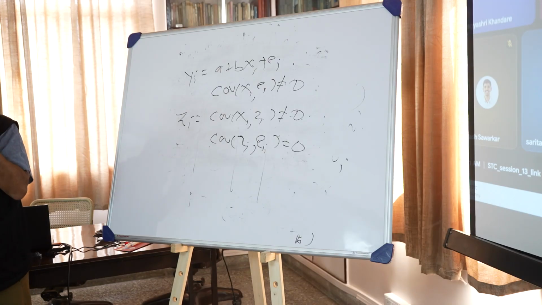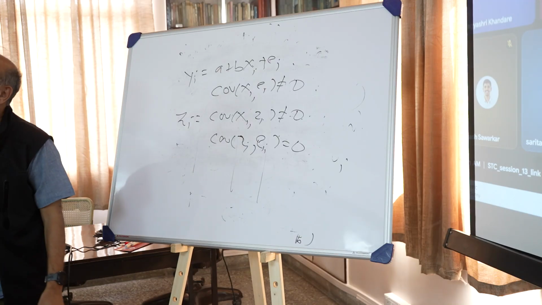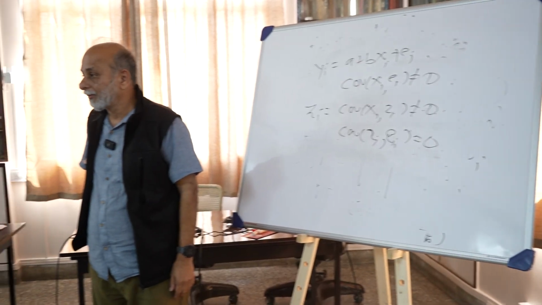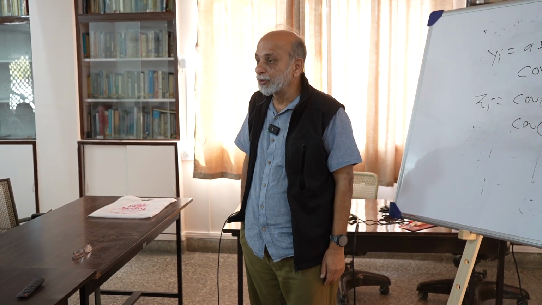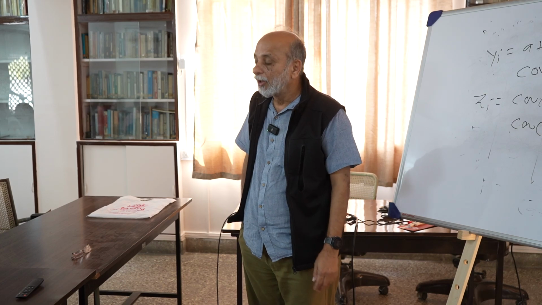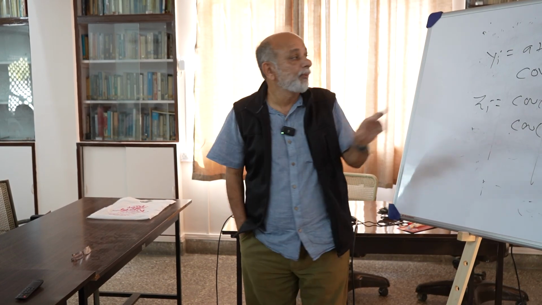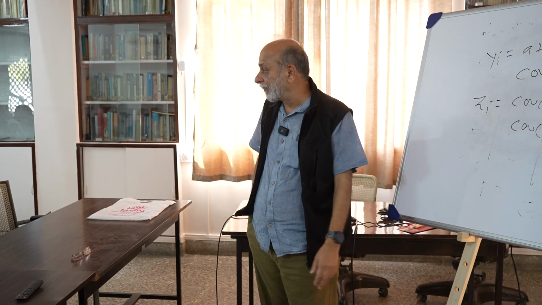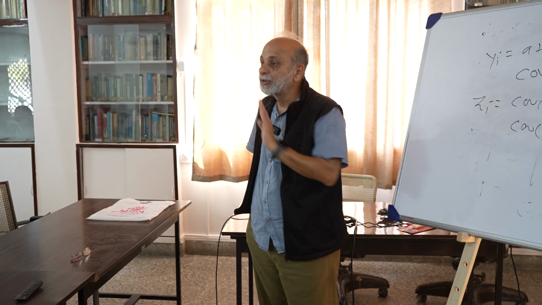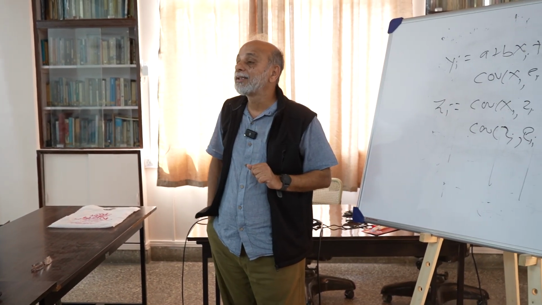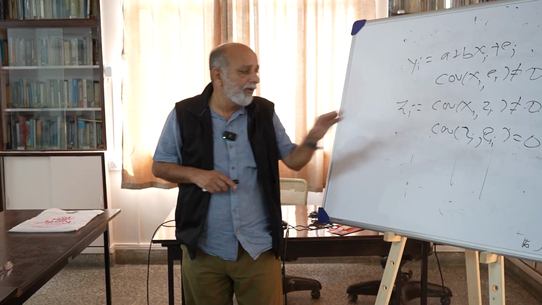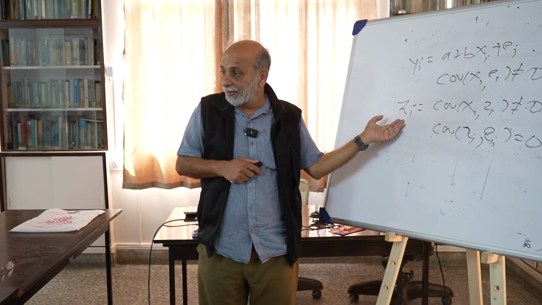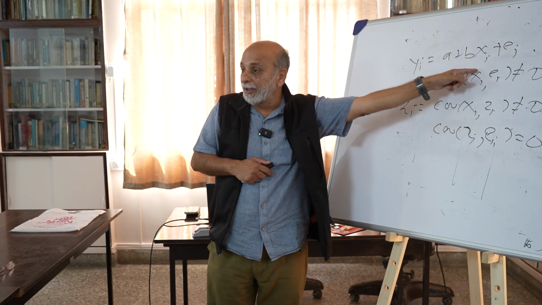So I find one variable like that. It is called an instrumental variable. There can be many instrumental variables. For one endogenous explanatory variable, if you have exactly one instrumental variable, then the system is said to be exactly identified. You can think of more than one variable as an instrument for a single explanatory variable.